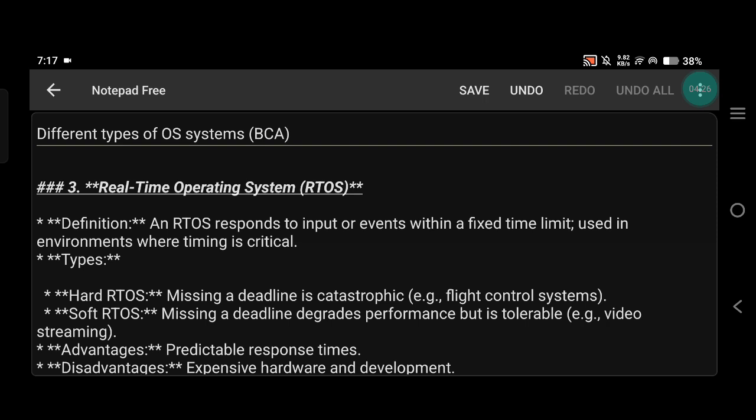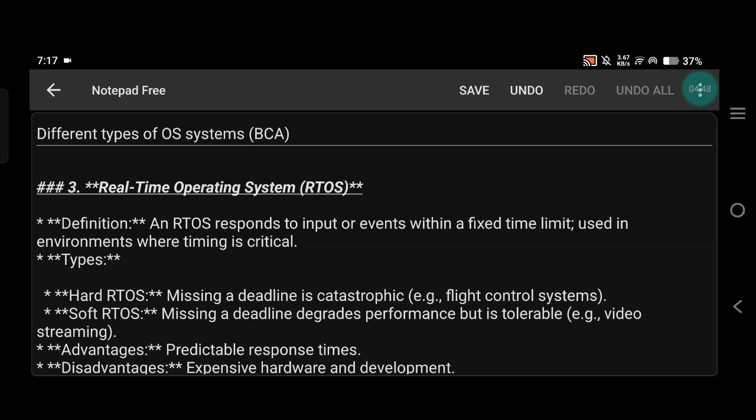Third is real time operating system, RTOS. Definition: an RTOS responds to input or events within a fixed time limit, used in environments where timing is critical.